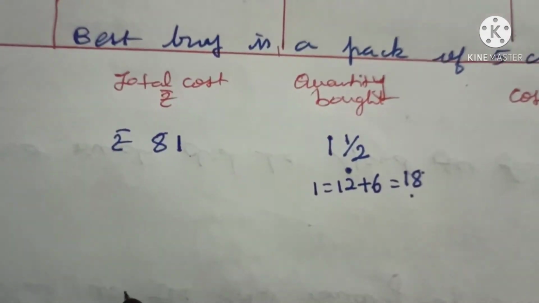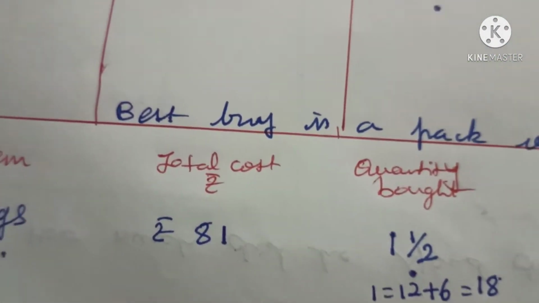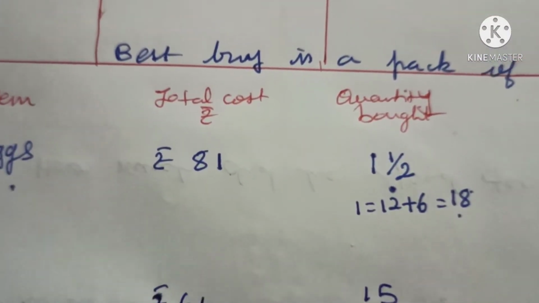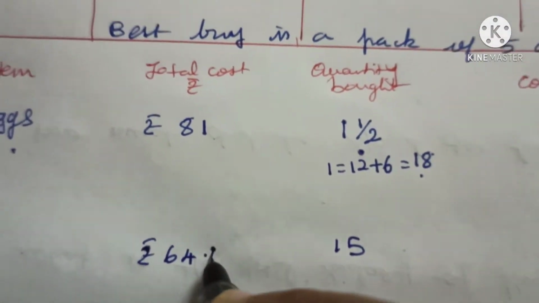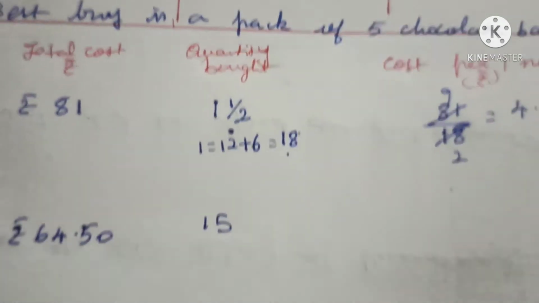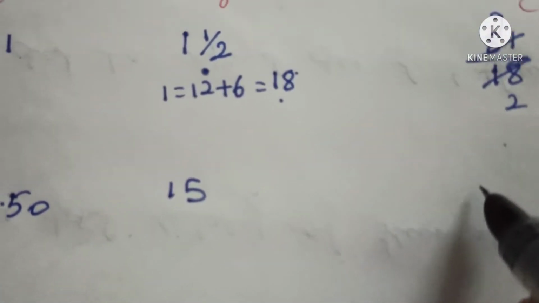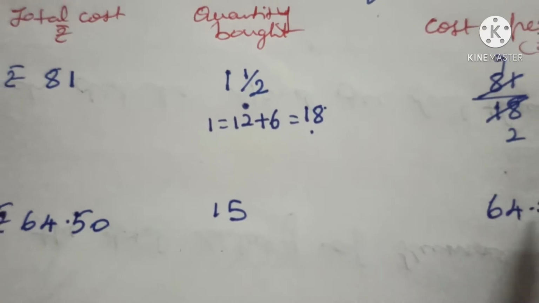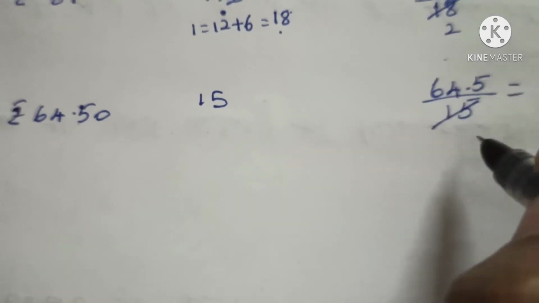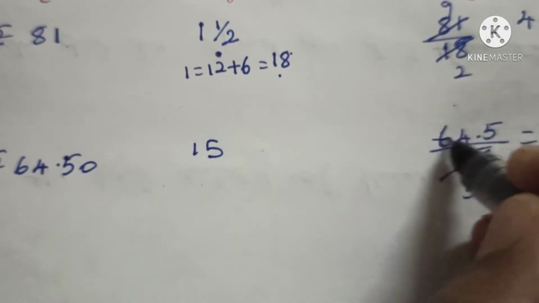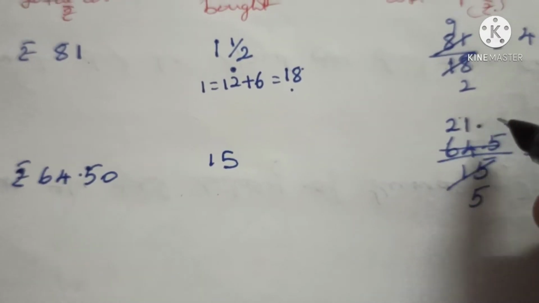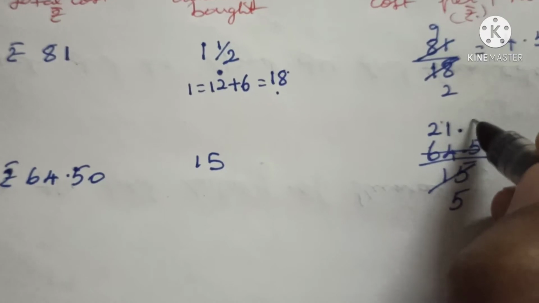4.5. And next one is Aruna buys 15 eggs for rupees 64.50 paise. So you have to find out the cost of 1 egg, which is equal to 64.5 by 15. So in 3 table, 3 fives are, then 3 twos are, 3 ones are, then 3 fives are.